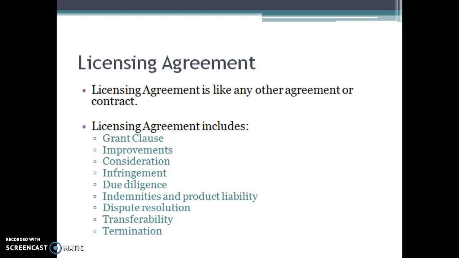I'm not going to go over all of these, but your licensing agreement includes your grant clause, improvements, considerations, infringement, due diligence, indemnities, and product liabilities, dispute resolutions, transferability, and terminations. And each one of these are there to protect you. It's there to protect the licensee, and it's there to protect the intellectual property itself.